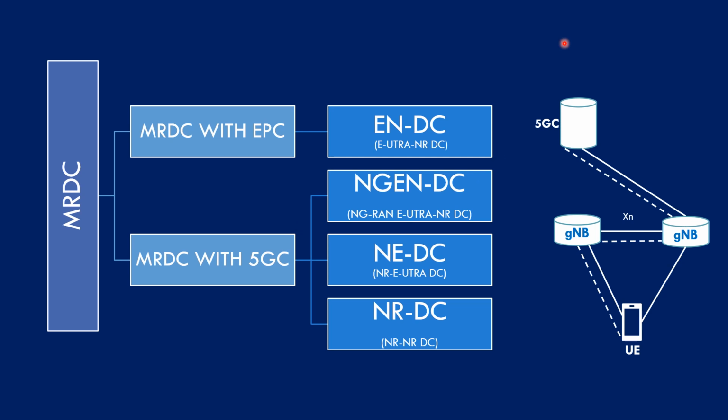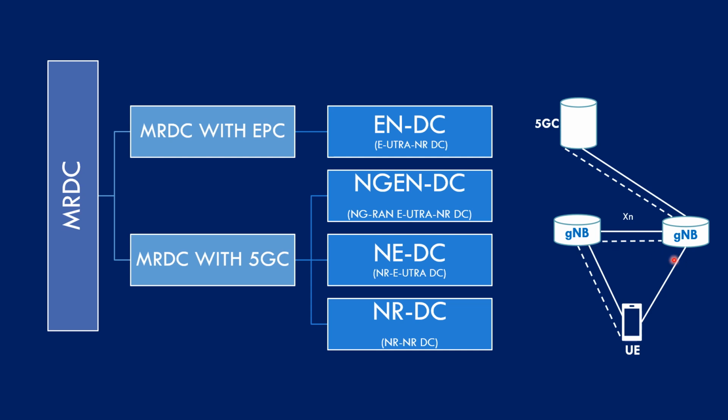In this kind of connectivity, we have NR-NR dual connectivity. In this, a UE is connected to one G node B that acts as MN, and another G node B that acts as SN. So the point to note here is both the nodes are G node B, 5G nodes.